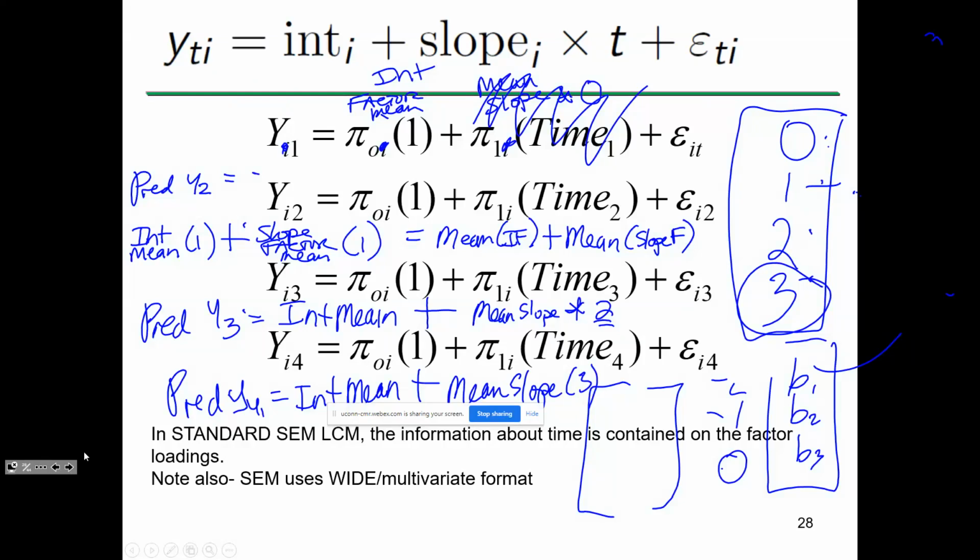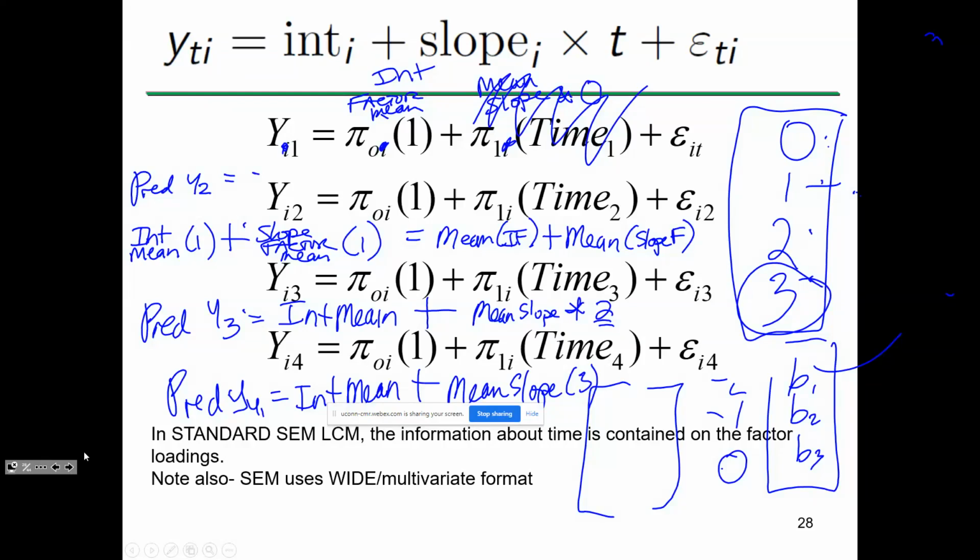We're estimating 2 latent variable variances. One is the intercept latent variable, and one is the slope latent variable, because they're both going to have variances.